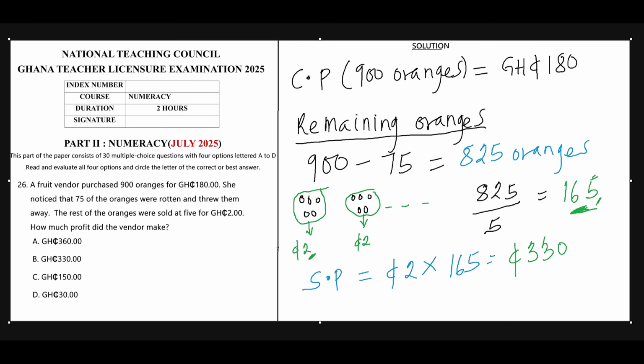So that is the selling price. The selling price of the remaining oranges is 330 cedis, and then the cost price was 180 cedis.